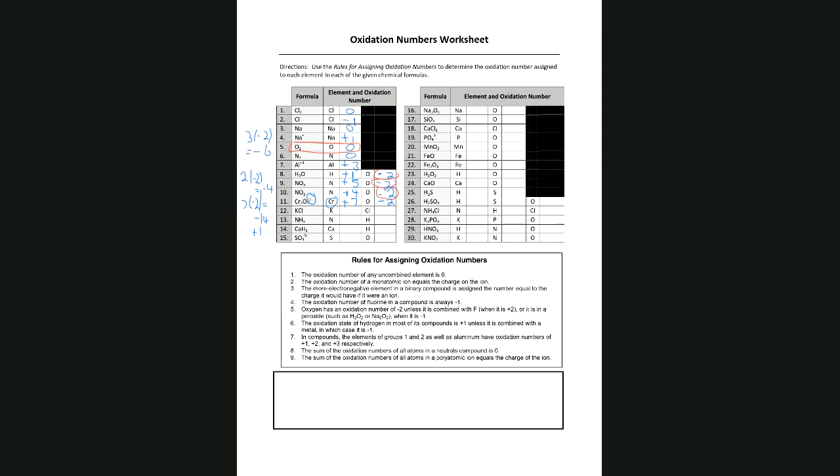So we want it to be +12, because if we do that, we're going to end up with the 2 negatives that we need to match up with our charge up here. So to do that, what would we want the charge on the chromium to be?